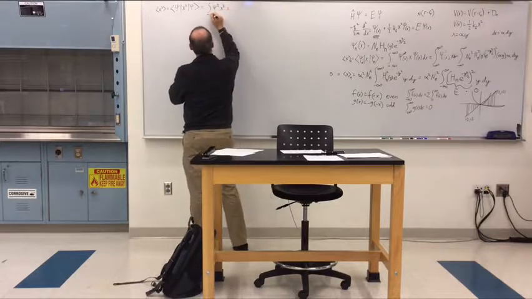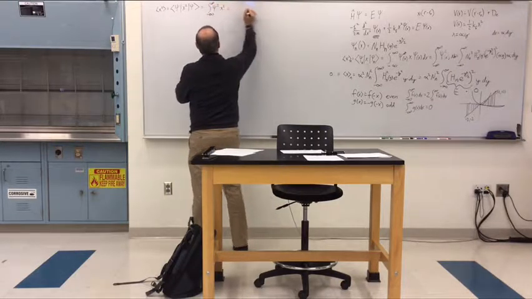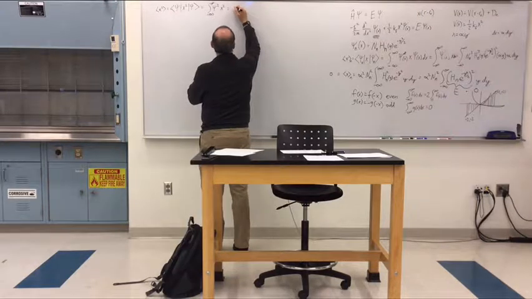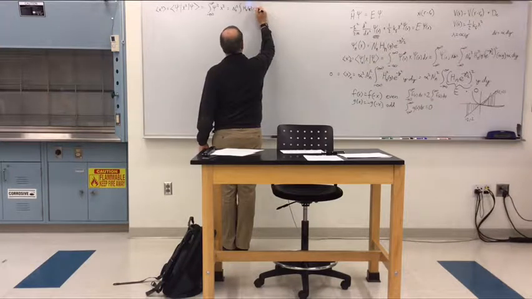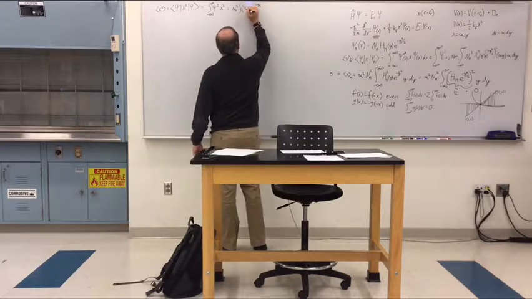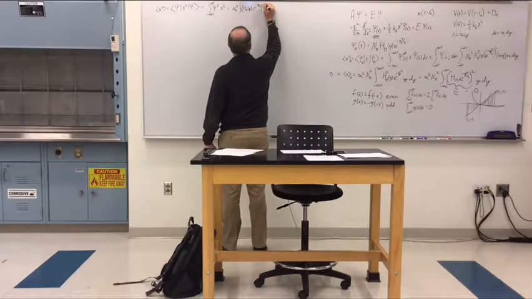Integrating from negative infinity to infinity, N squared H_n(y) e to the minus y squared over 2, squared.